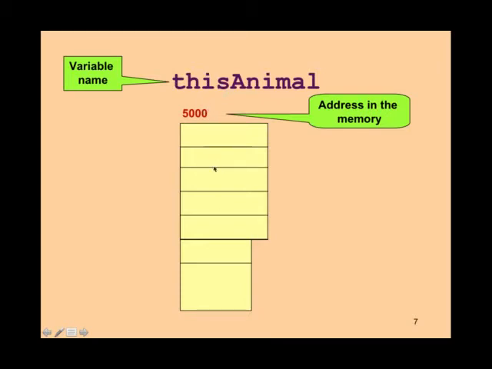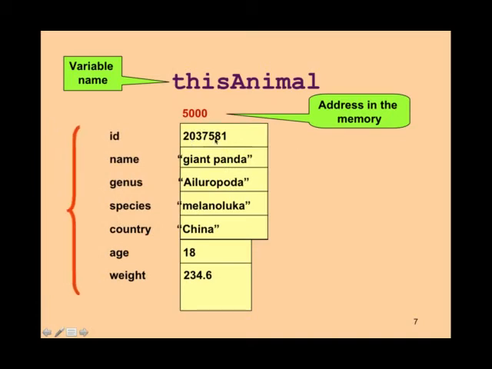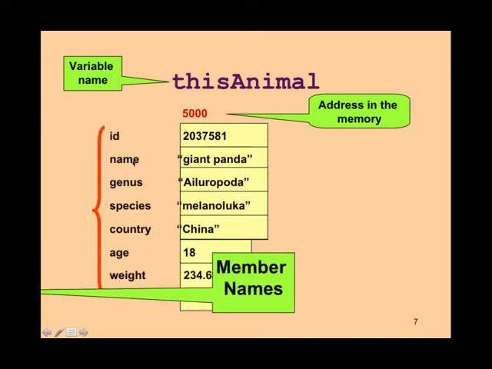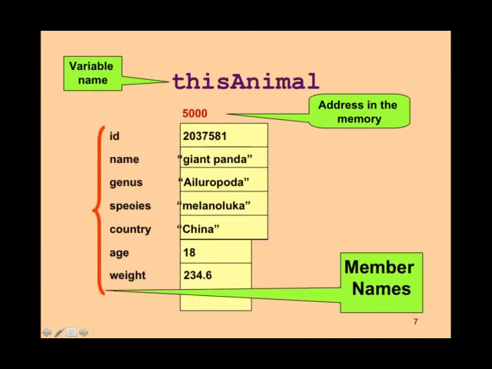And it has a structure which has the following components. It has an ID, a name, genus, species, country, age, and weight. All these collectively form the member names for the struct whose variable is this animal.